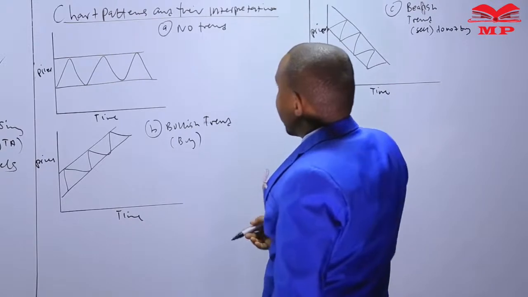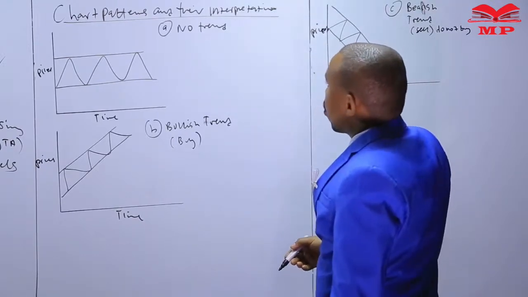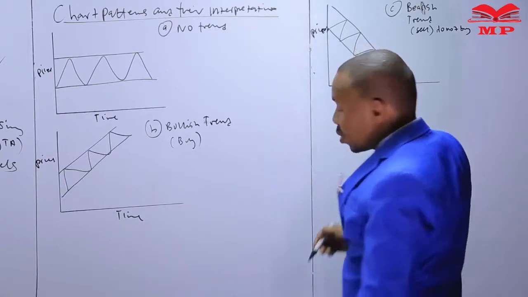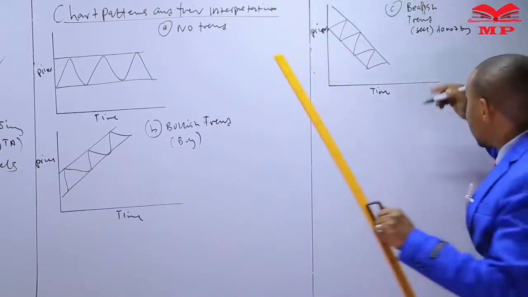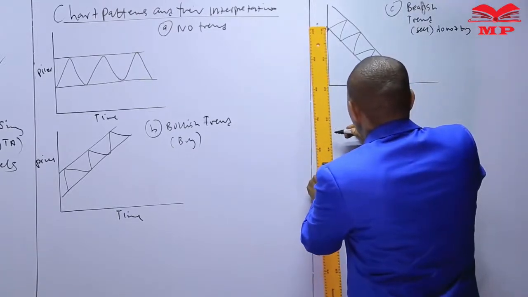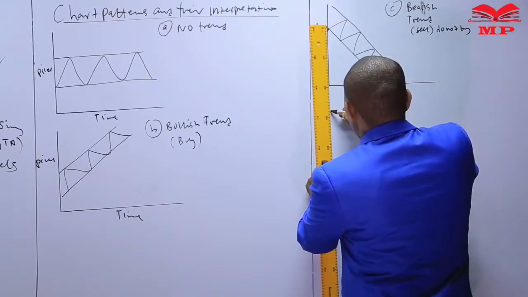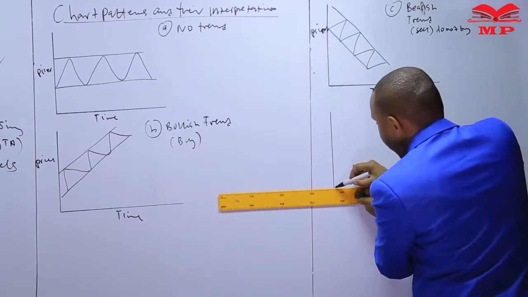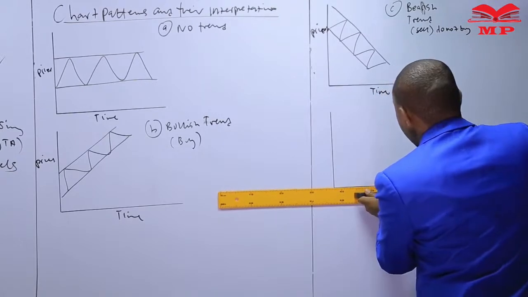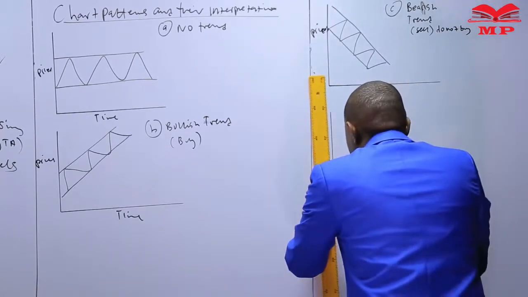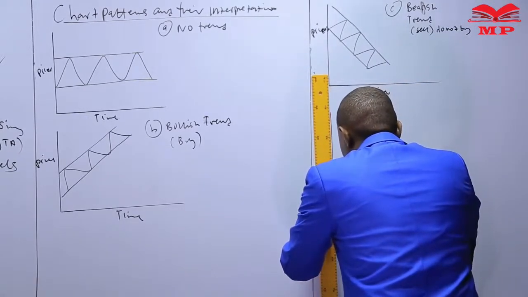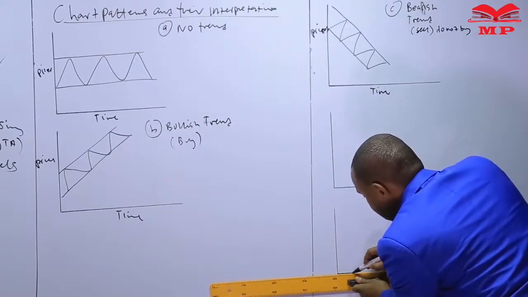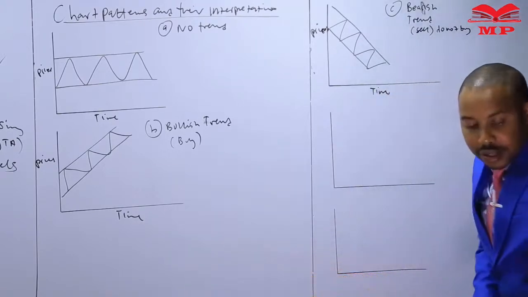We can also move ahead and look at confirmation of a bullish trend. We can use another graph here to continue from this: confirmation of a bullish trend, confirmation of a bearish trend, and no confirmation of a trend. I can draw another one down here so that all that will be left is to indicate the trend.